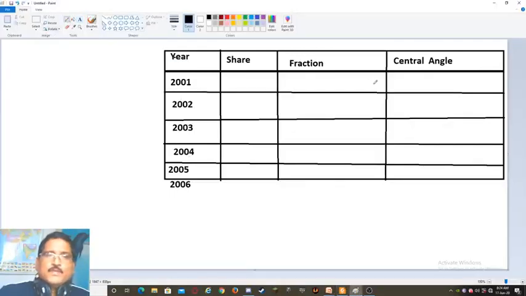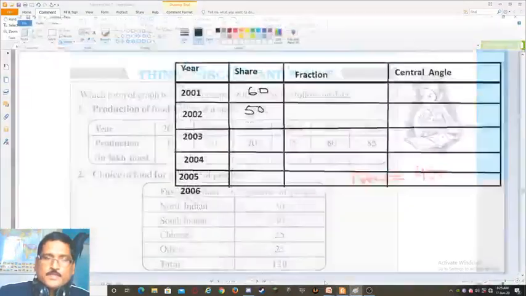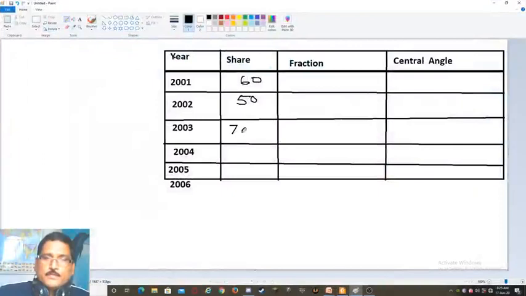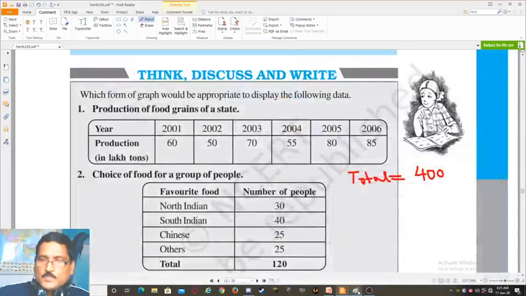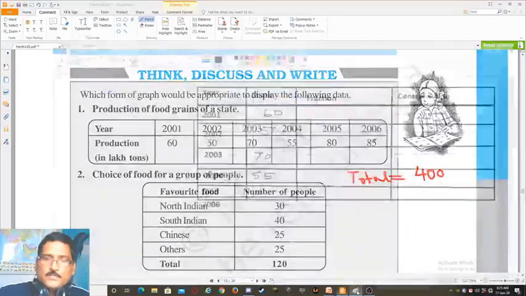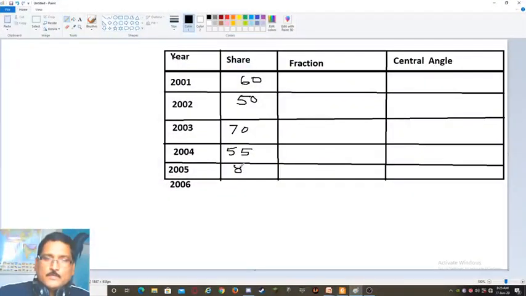Now take the help of a pen. 60, 50, 70, 55, then next 80, 85, 80, 85. Okay, you can make one more line here.